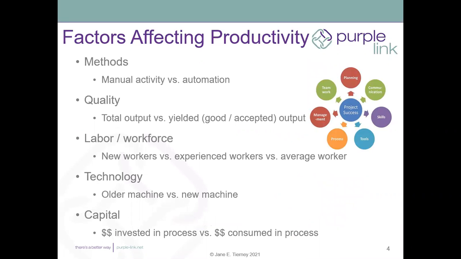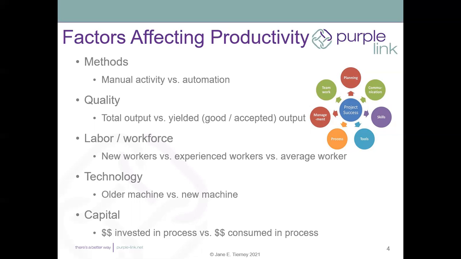So there are several factors that affect productivity or that are used to calculate productivity. And when we look at those, the first one is methods. The easiest example of that is to look at something that's done on a manual basis versus something that's automated.